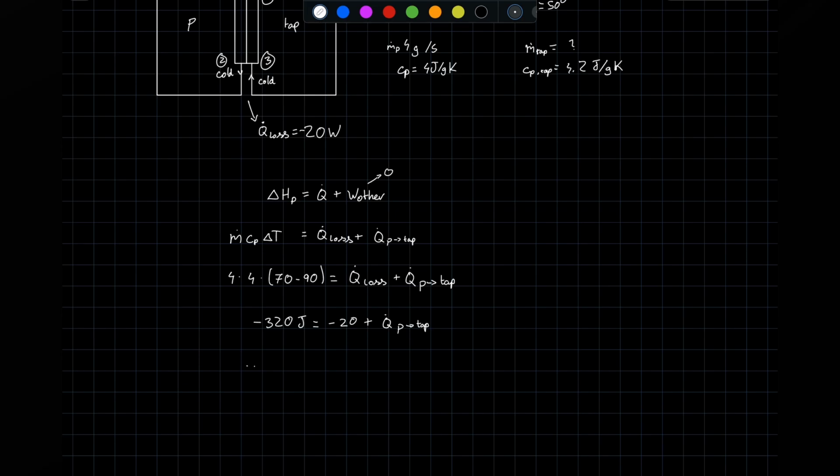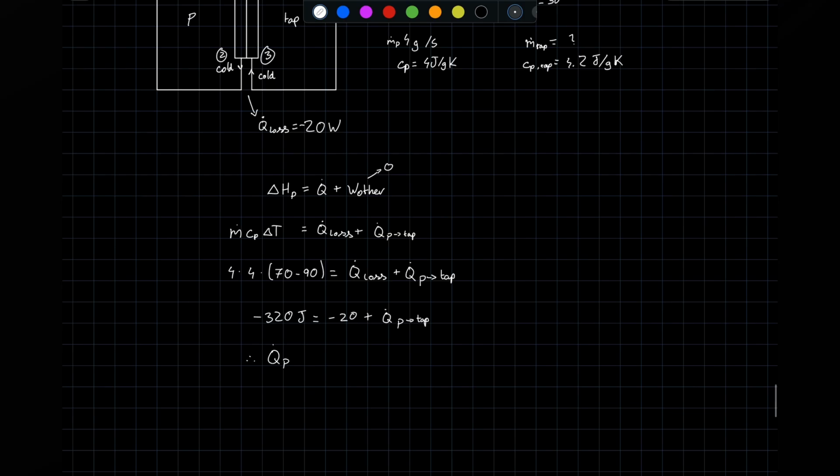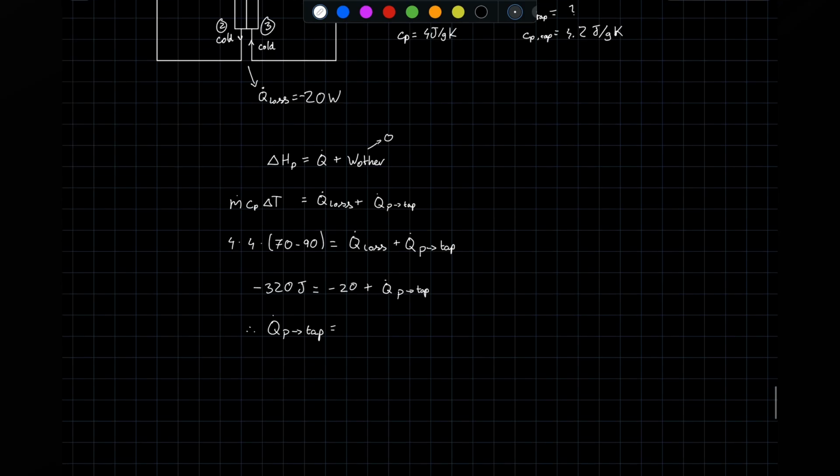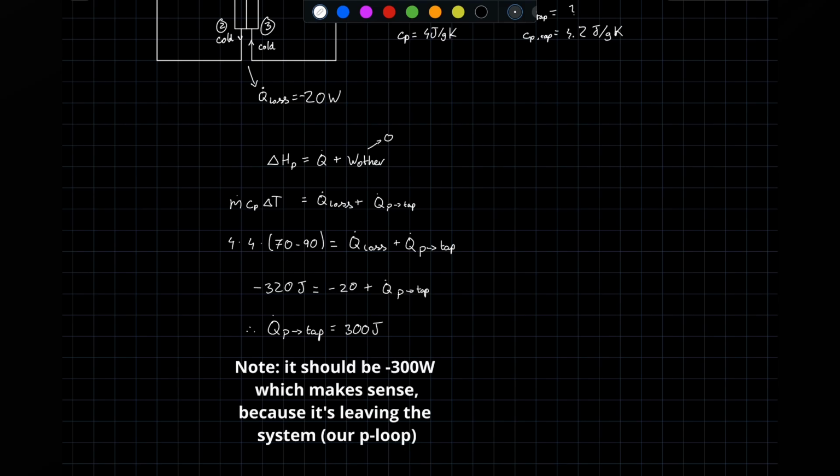So if we just rearrange this, you get that your heat flow from the primary loop to the tap loop is equal to 300 joules. 300 watts. It's a heat flow, so it's in watts.